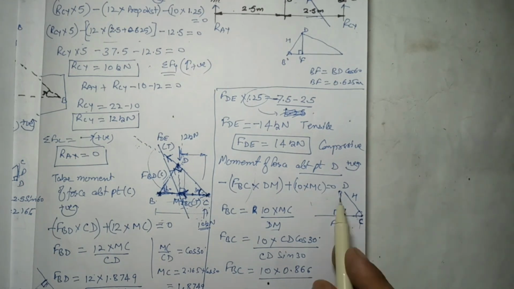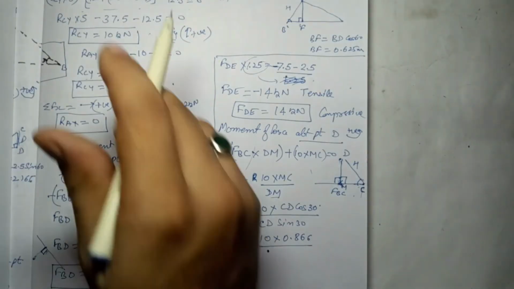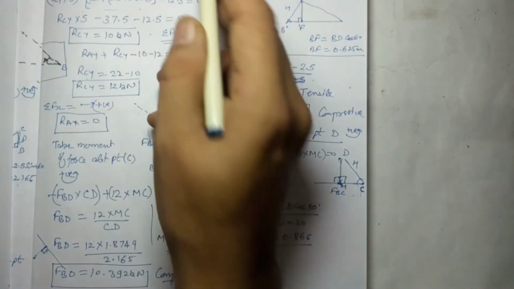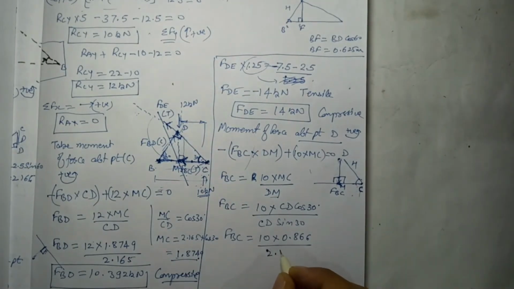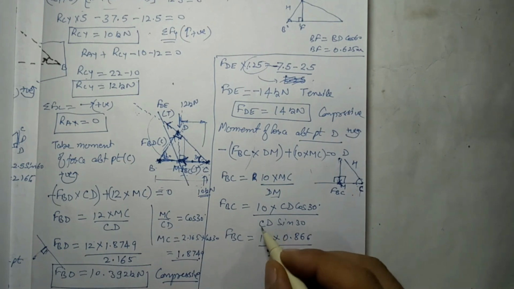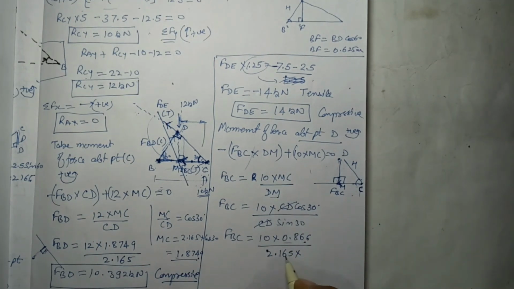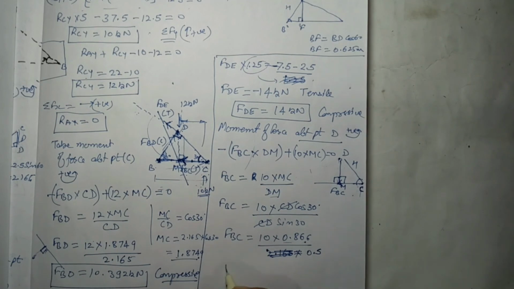So CD we know, hypotenuse, we have calculated CD, that was having the value 2.165. So this is 2.165 into sin 30, or I can do a simple way also, like CD cancel. So cos 30, that is directly 0.866. I don't need that. So sin 30, that is 0.5. Now it will be more easy.